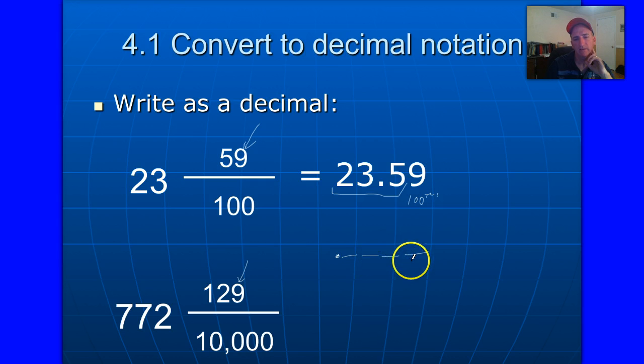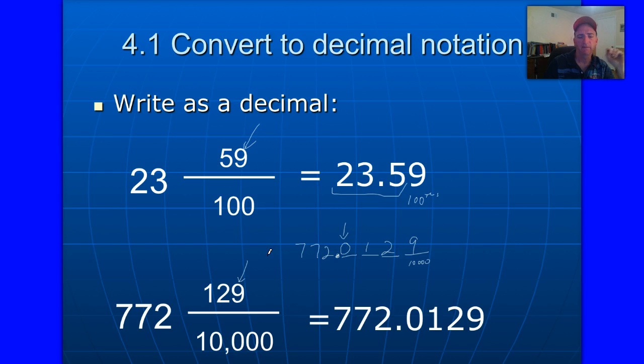Here's the 10,000s place. So the 9 has to go there, the 2 has to go there, the 1 has to go there. Uh-oh, I've got a gap. What do you think that's going to be? I'm hoping you said 0. There, and then you just fill in the whole value. It's 772 wholes, and that value right there.